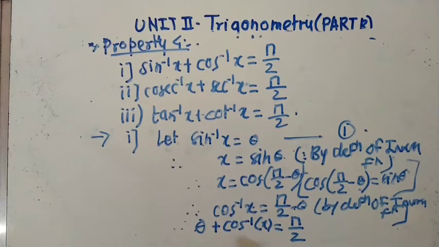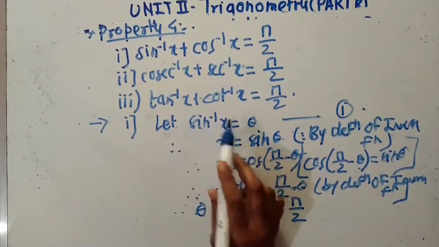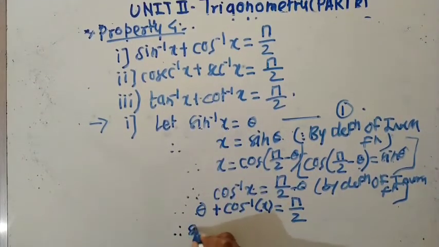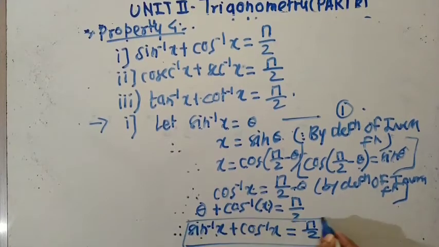But we consider theta is equal to sin inverse of x, so sin inverse of x plus cos inverse of x is equal to pi by 2. Hence this first property is proved.